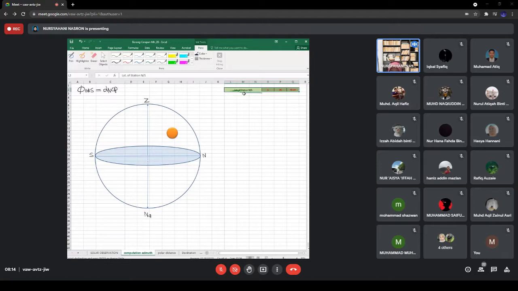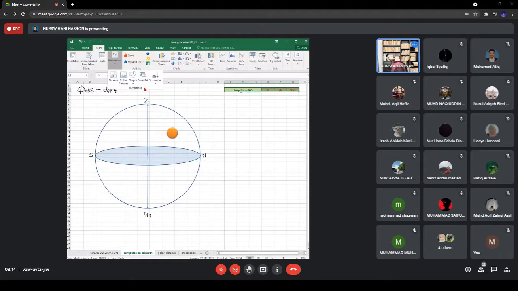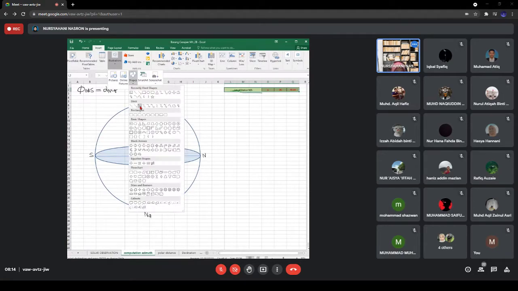We put our NCP and SCP. Again, my drawing does not follow the scale, but it makes sense, it is logical where the NCP and SCP are.